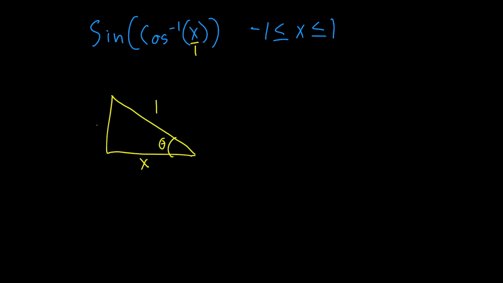Let's solve out for this unknown side here. That would be x squared plus our unknown squared is equal to 1. Subtract that from both sides and square root it. That means this side is going to be equal to the square root of 1 minus x squared.